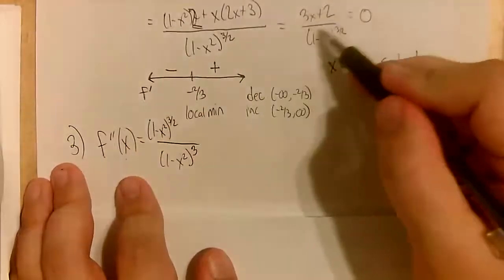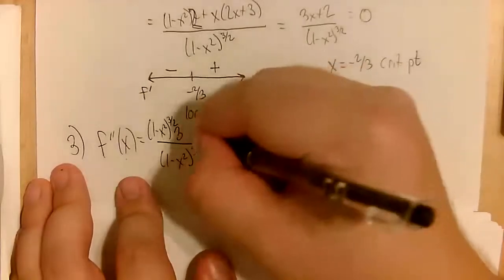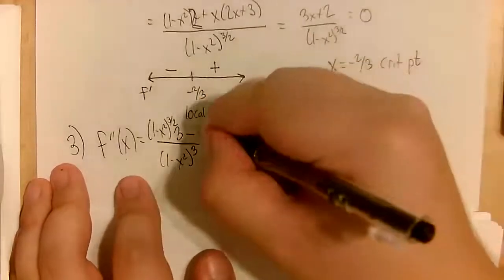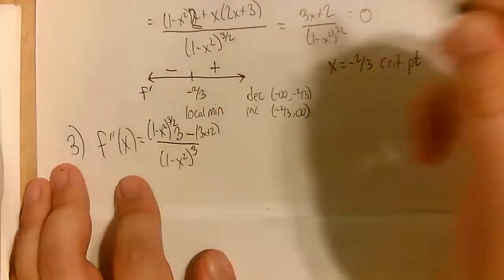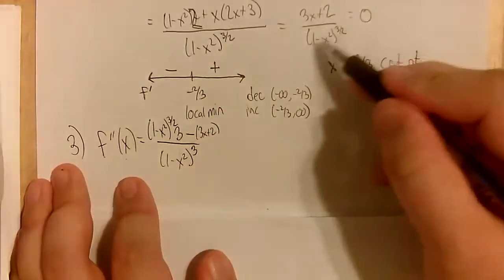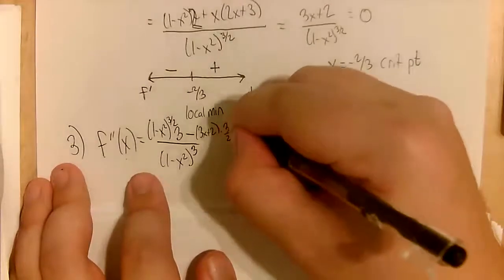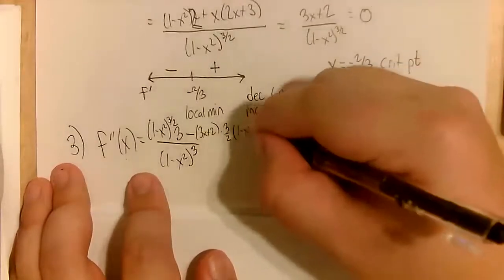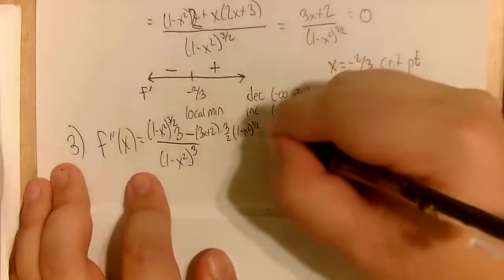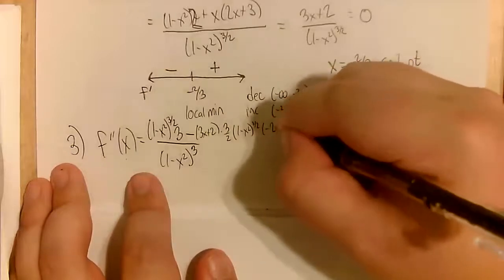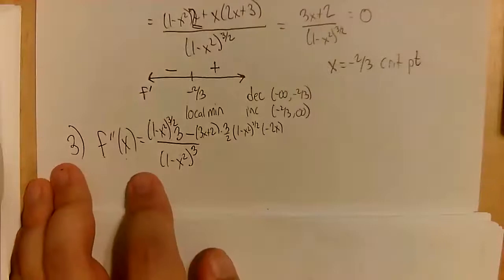And I'm going to do the derivative of the top, which is 3. I then subtract, leave 3x plus 2 alone, and then do the derivative of 1 minus x squared to the 3 halves, which will end up being 3 halves, 1 minus x squared to the 1/2, and then times the negative 2x, which is the derivative of the inside.